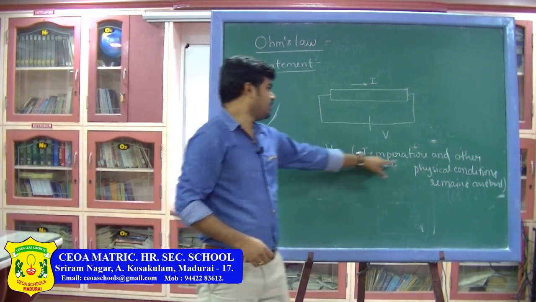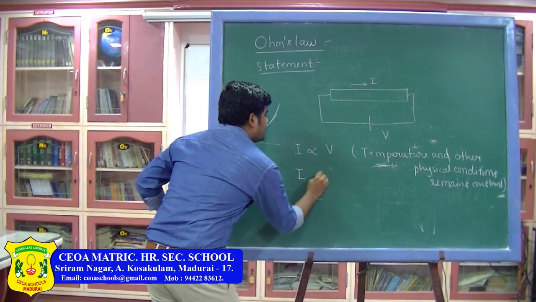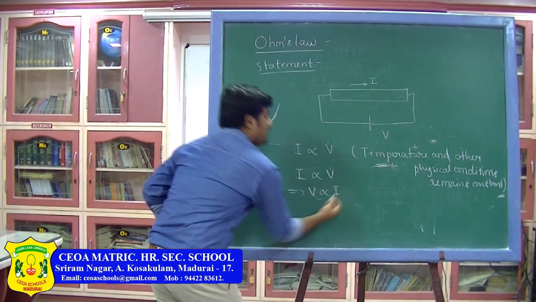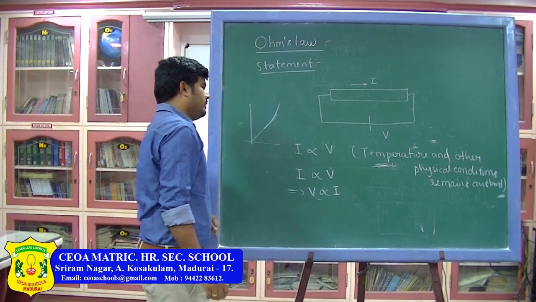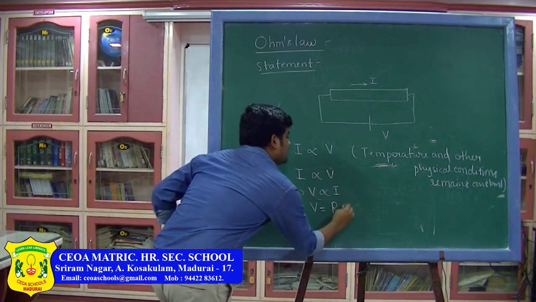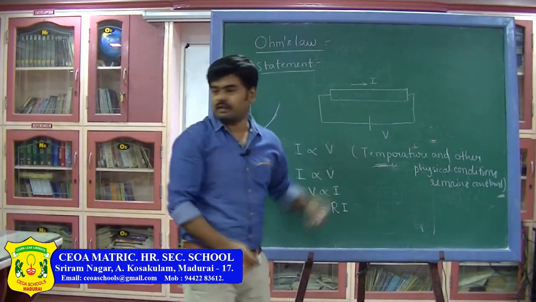So, temperature remains constant. Now, taking this expression I proportional to V, or you can say V proportional to I, where the proportionality constant in this case is R, so V = R into I, where R is called the electrical resistance of the given material.